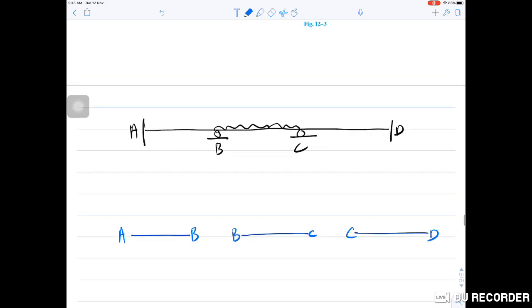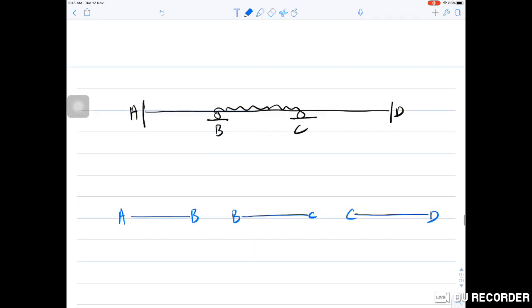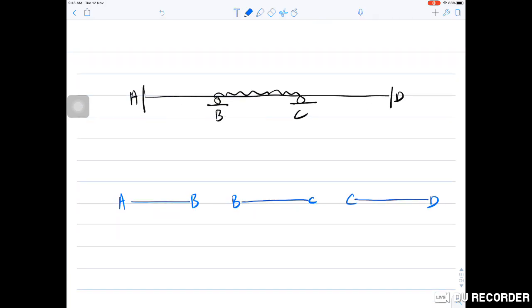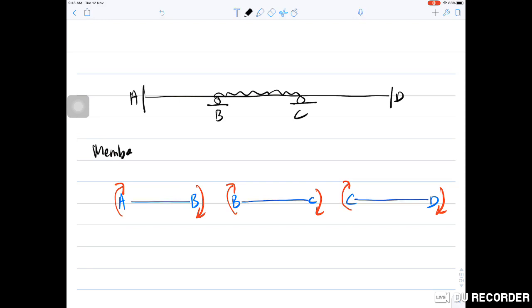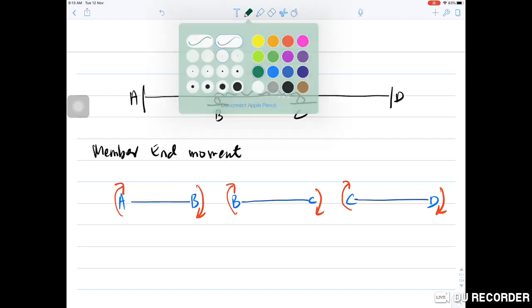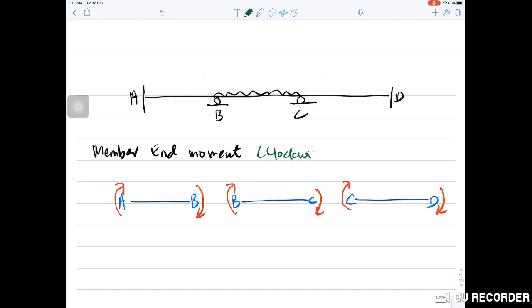Member end moment, or internal moment, that acts on the member is considered clockwise positive, which means like this. The red arrow shows the member end moment, and it is clockwise positive, as the first assumption that we need to make.